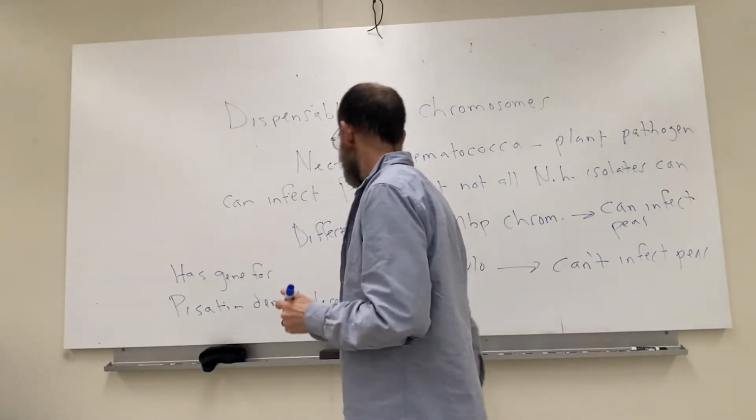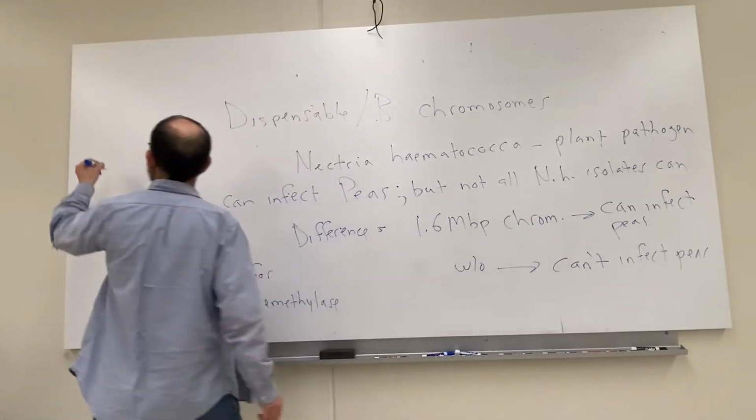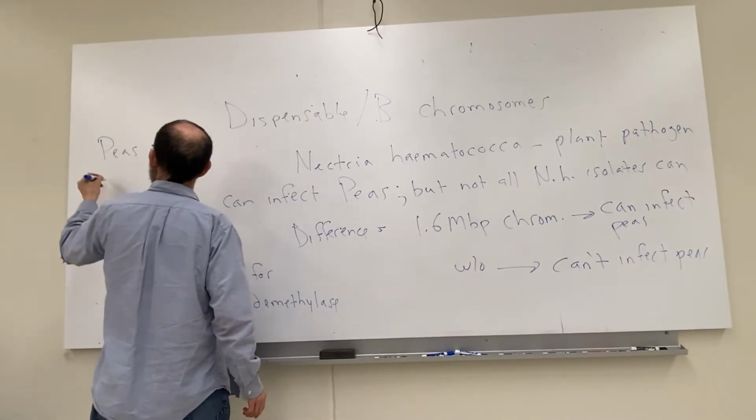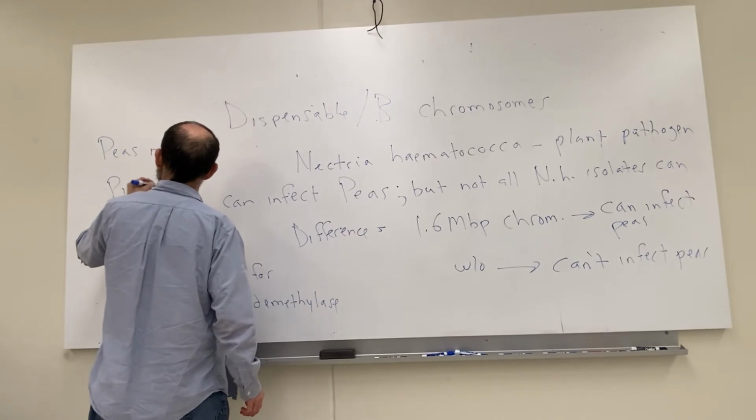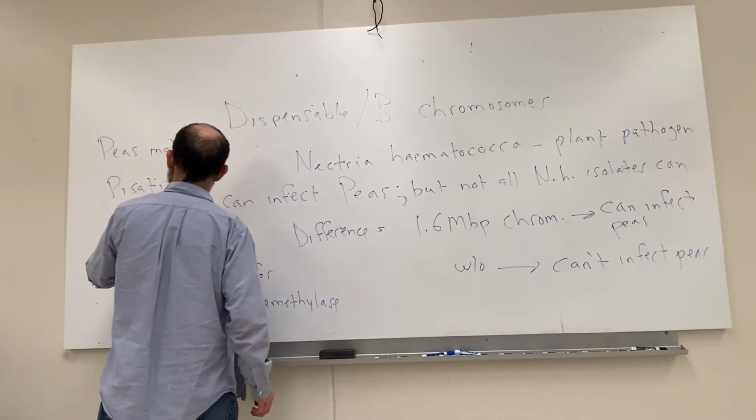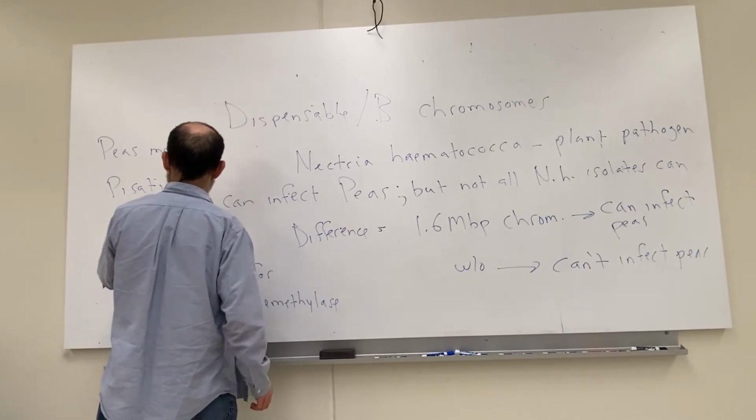And it turns out that pea plants make pisatin, which is an anti-fungal compound.